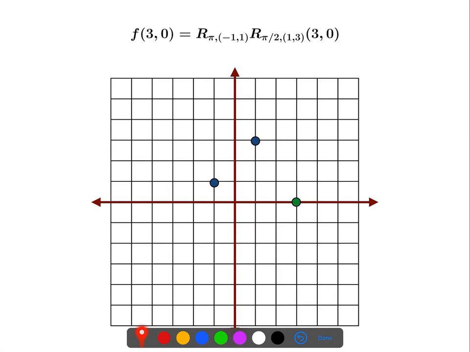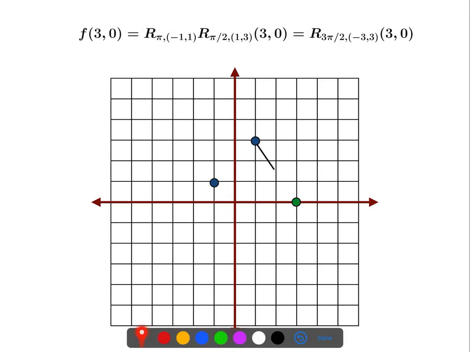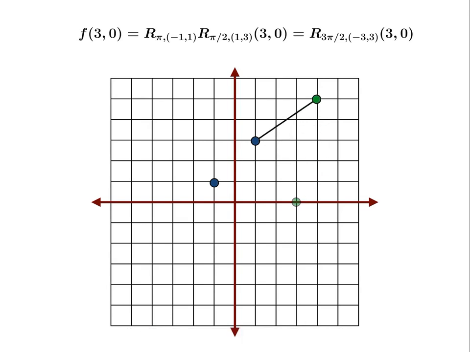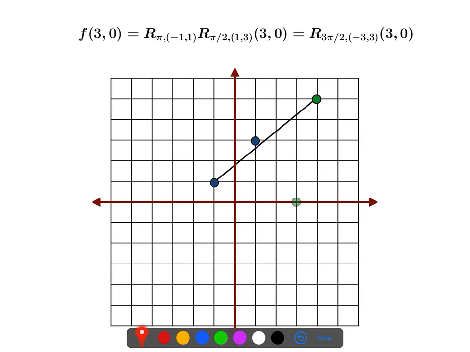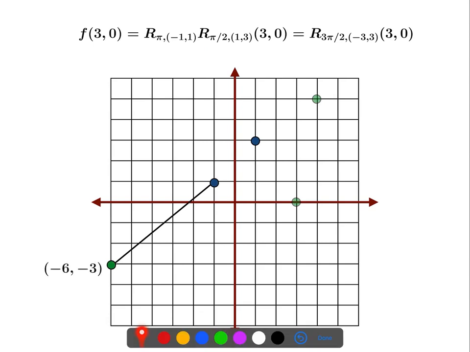So just to remind you quickly, we first rotate about this point by pi halves. And then we rotate about this point (-1, 1) by pi. And that took us to the point (-6, -3).